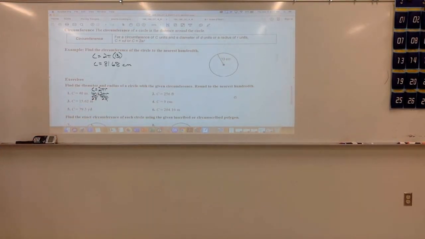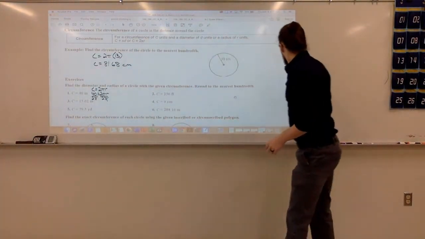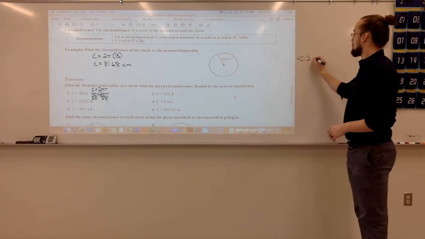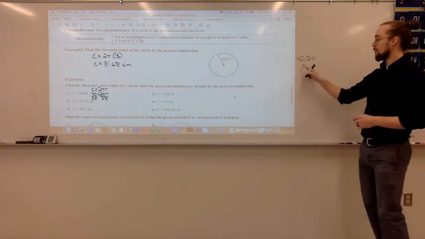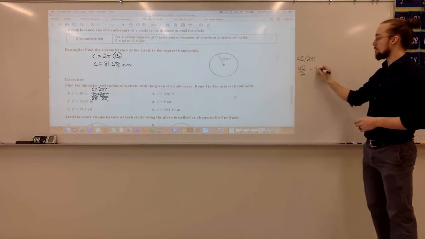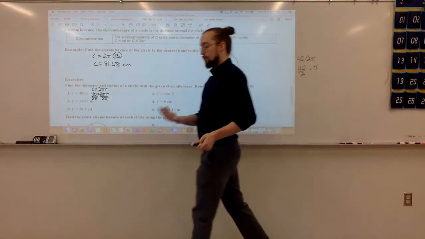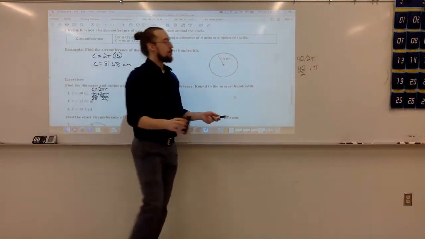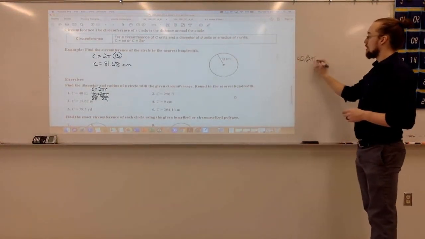Now, when you're putting this into your calculator, you have to be careful. If you just type it in like this, you're going to get the wrong answer. Because what you're telling your calculator to do is take 40 divided by 2 and then multiply it by pi. That's not what we want to do. So when you are putting this into the calculator, you need to make sure that you put parentheses around the 2 pi.